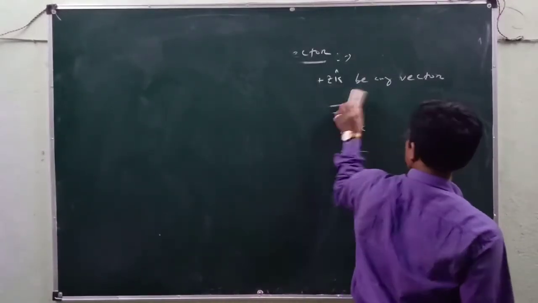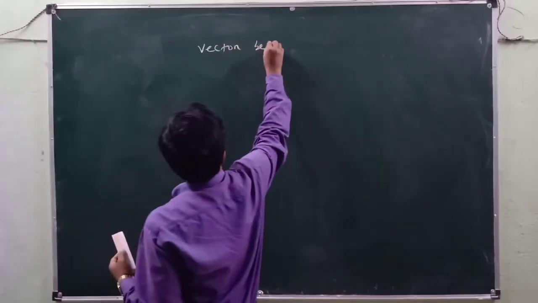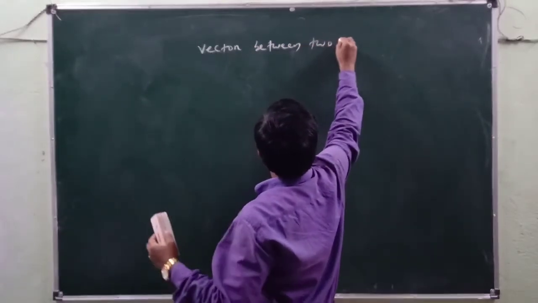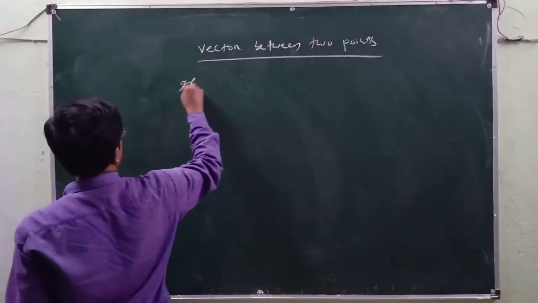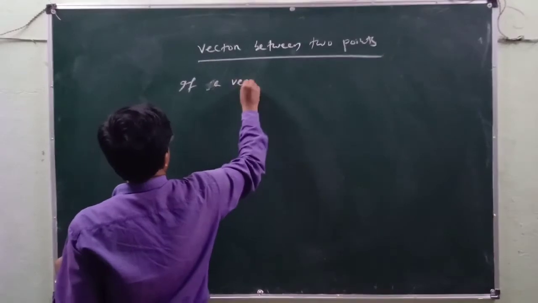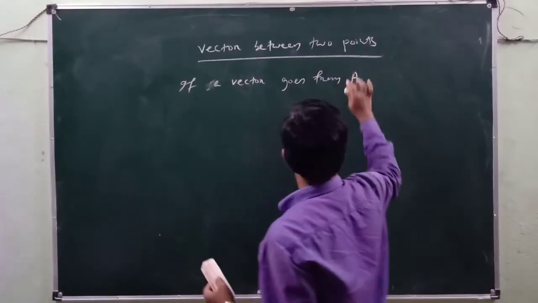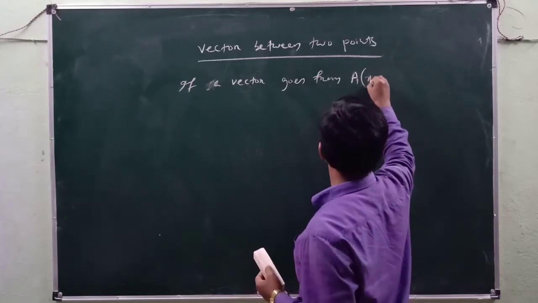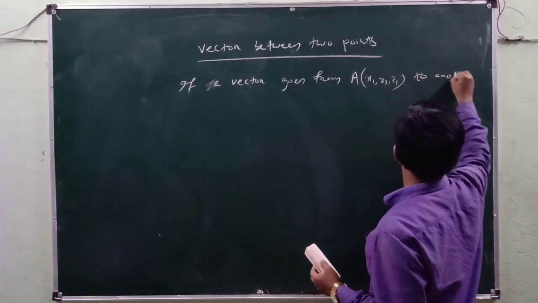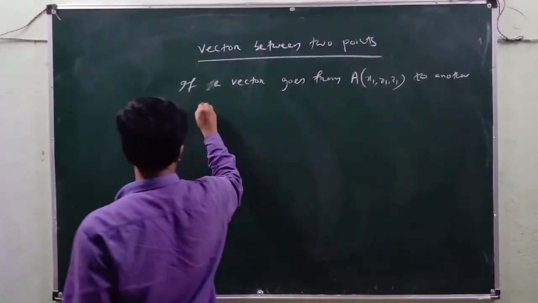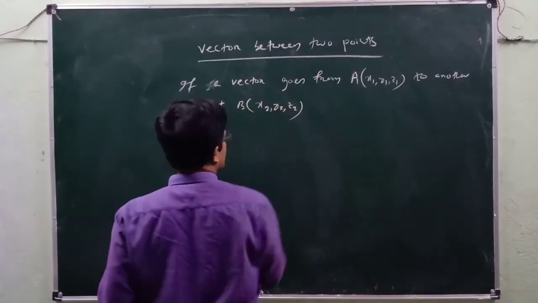Then vector between 2 points. If a vector goes from point A whose coordinates you take x1, y1, z1 to another point B whose coordinates are x2, y2, z2.